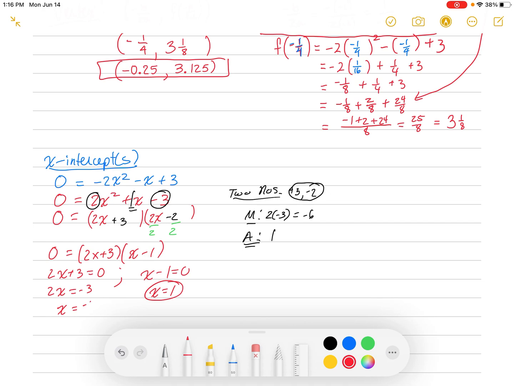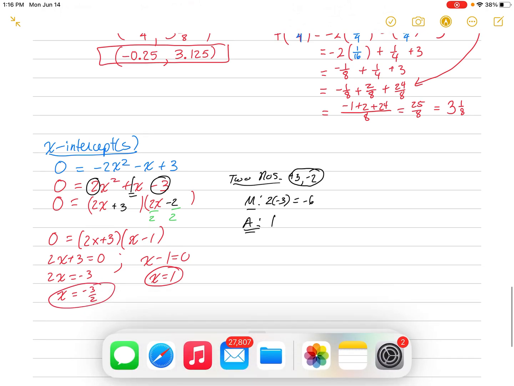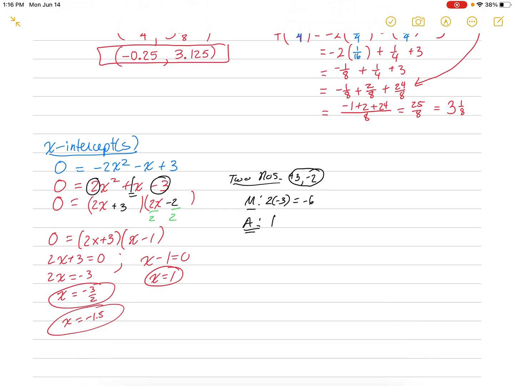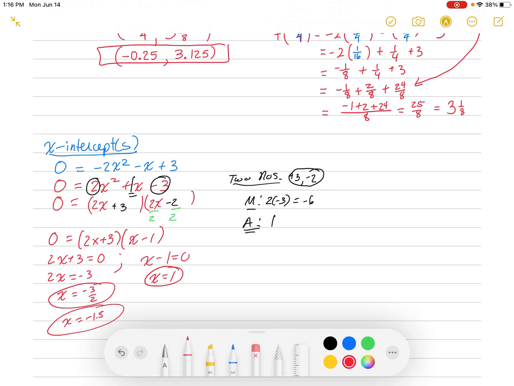The second one's easy. You add 1 to both sides and get x is 1. And this first one, you subtract a 3, get 2x is minus 3, and divide both sides by 2, you get minus 3 halves. Or you could say that's minus 1.5. It's another way to write that one.